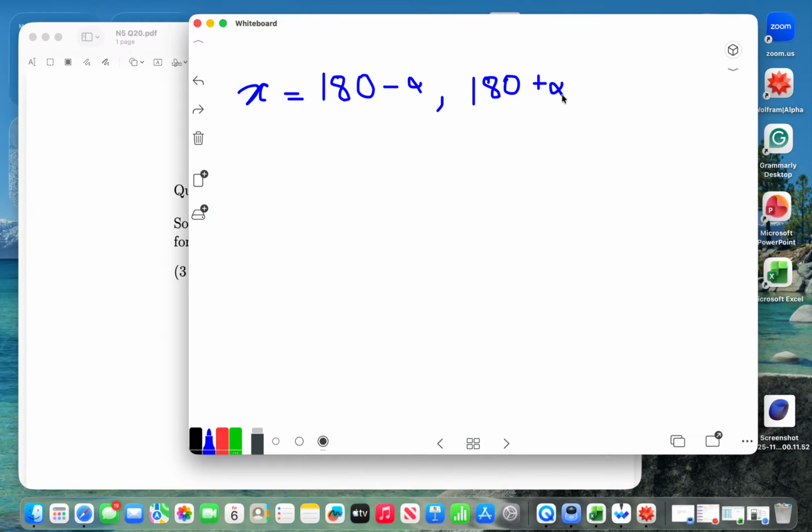Remember, alpha is the angle you got on the calculator, so that is 180 minus 66.4218, or 180 plus 66.4218.